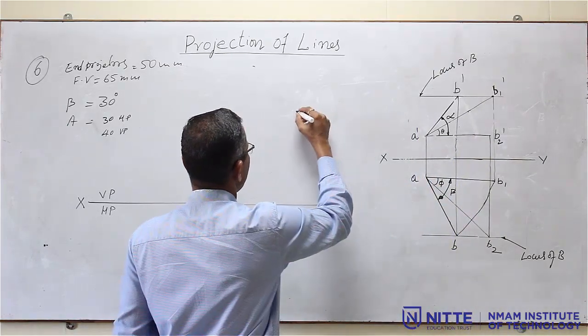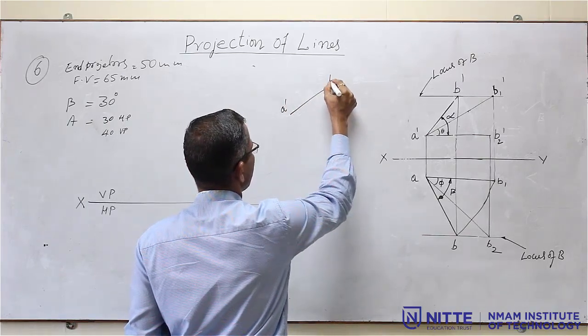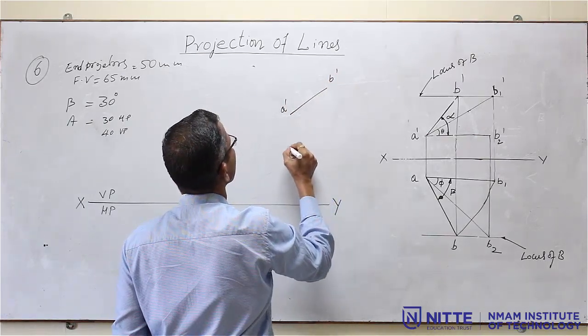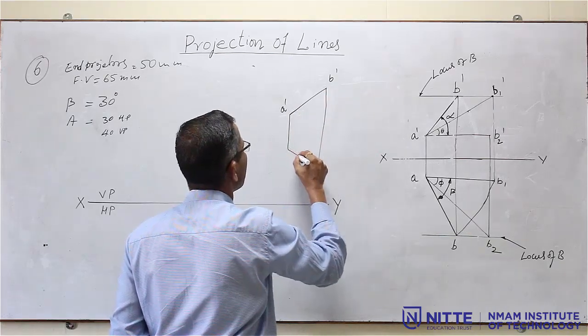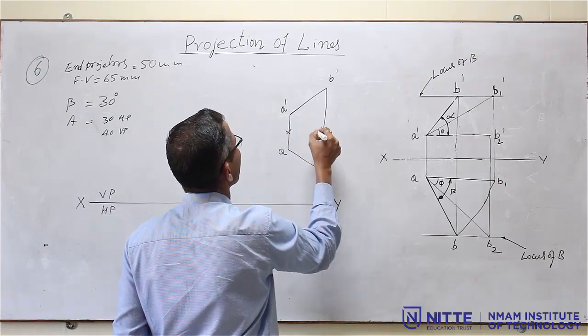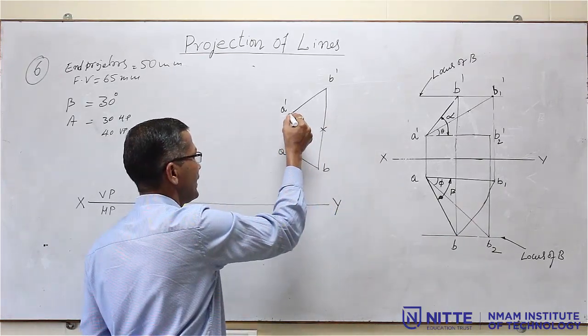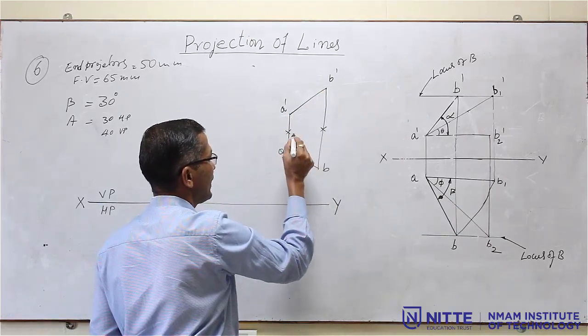If I draw a line like this, this is A dash, this is B dash. Similarly, I will draw one more line like this. This is B and this is A. Now, these lines are called end projectors, the lines connecting A dash and A, and B dash and B.